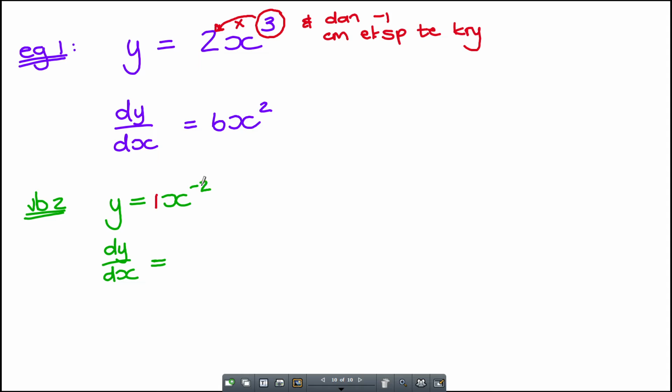Okay, so I've got to take the minus 2, multiply it with a 1, so that's going to give me minus 2x, and it becomes to the power, I must minus 1, that was minus 2, minus 1, so it becomes minus 3. You guys good?